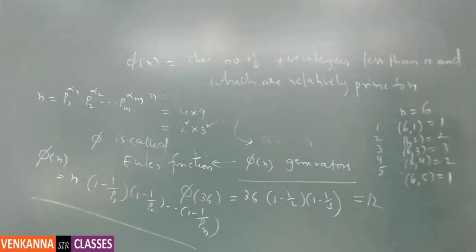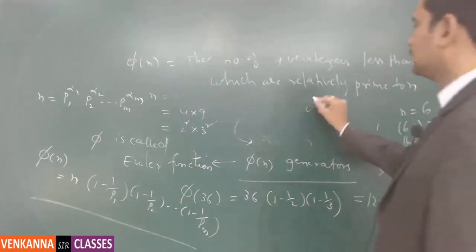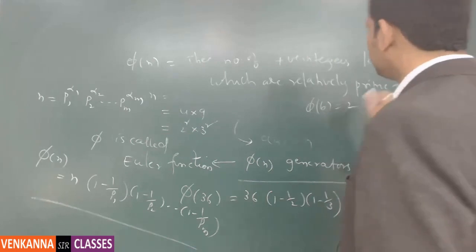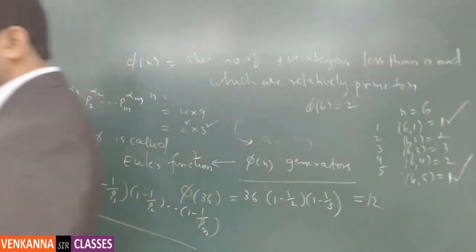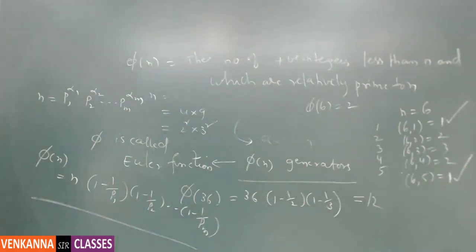So relatively prime happens for two values. So phi of 6 is nothing but 2. Okay? Are you clear how phi is defined actually? The number of positive integers less than n and which are relatively prime to n.